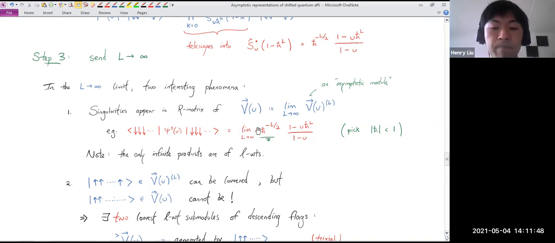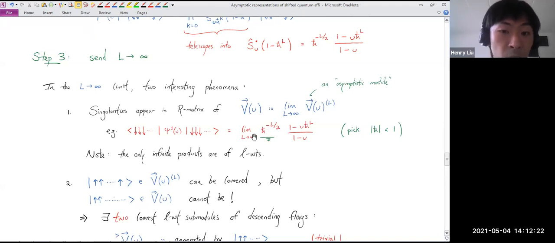You have a freedom to pick if your equivariant variables are less than 1 or greater than 1. Here we'll pick the convention that h bar is less than 1. And so if you send L off to infinity, you kind of have a problem here. This whole thing has a pole of a certain order in h bar.